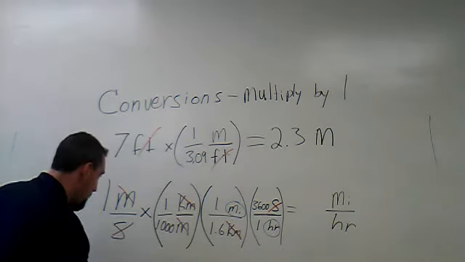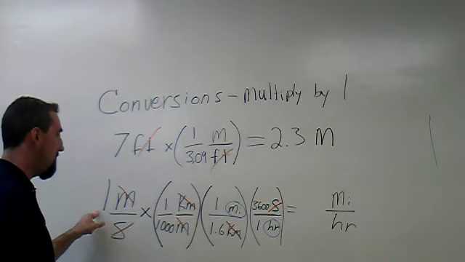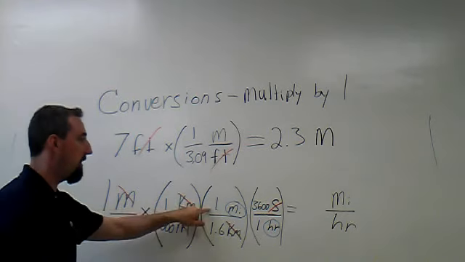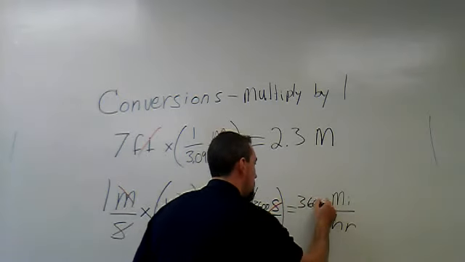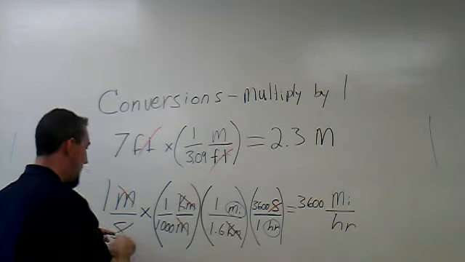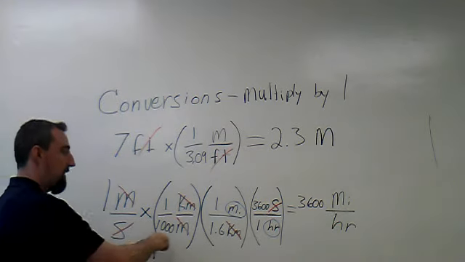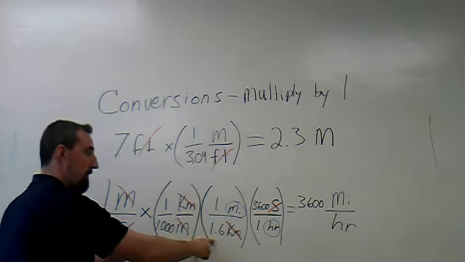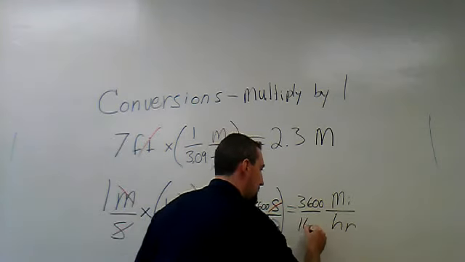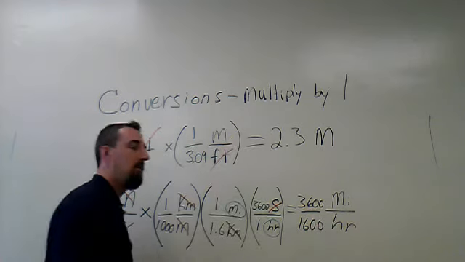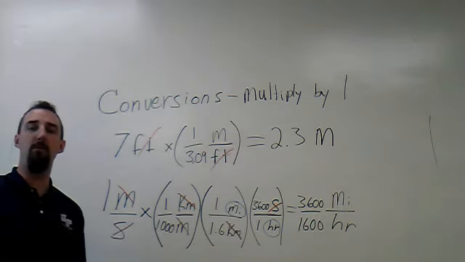So what I end up with is 1 times 1 times 1 times 3,600, divided by 1 times 1,000 times 1.6 times 1. So 3,600 over 1,600. That works out to about 2.2.